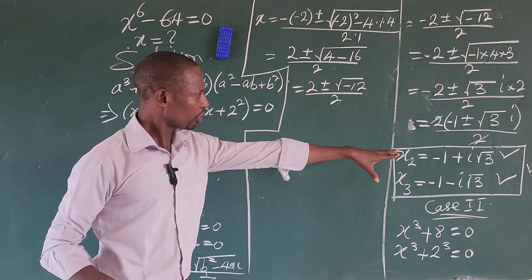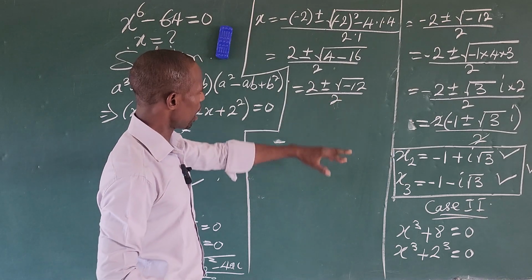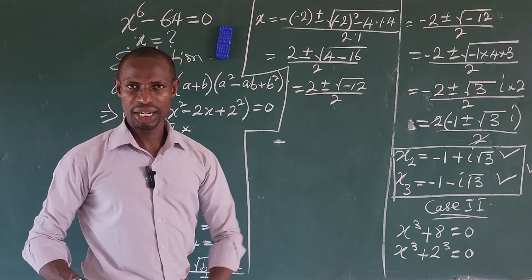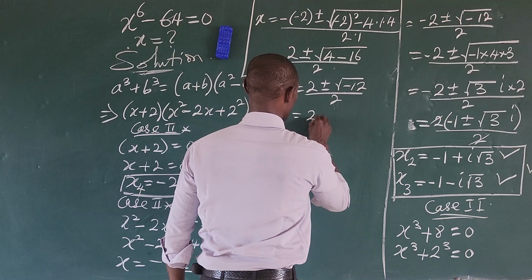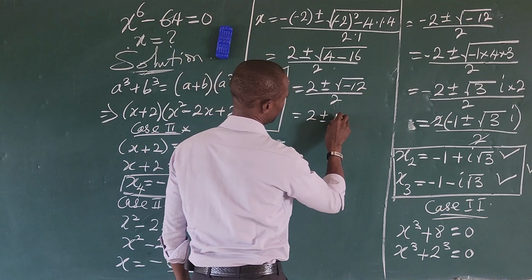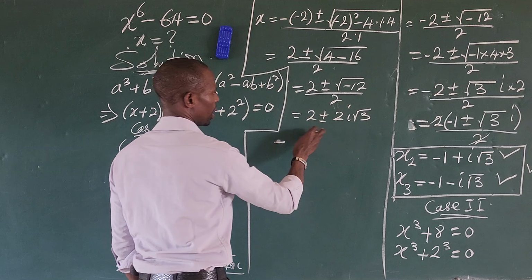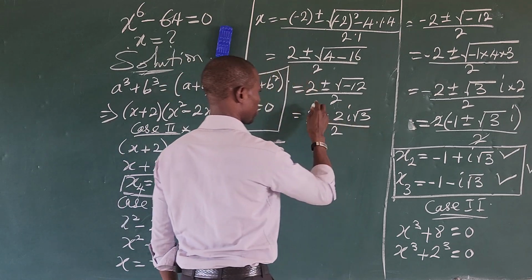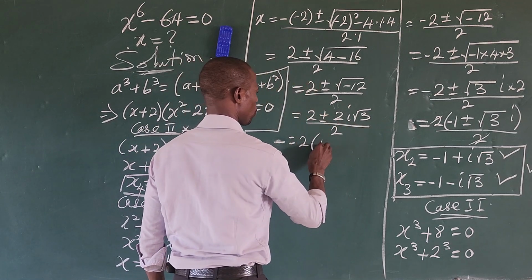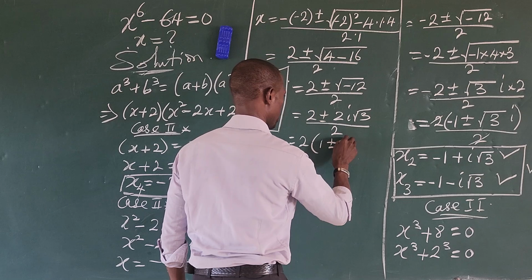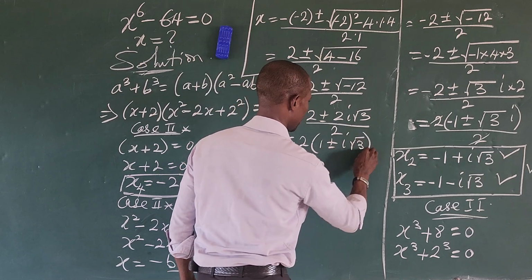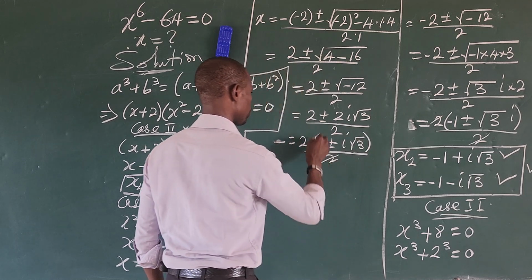From what we did the other time, this is going to give us iota root 3. So it's 2 plus or minus 2 iota root 3 all over 2. If we factor out 2, we have 2 into 1 plus or minus iota root 3, then all over 2. The 2 goes out.